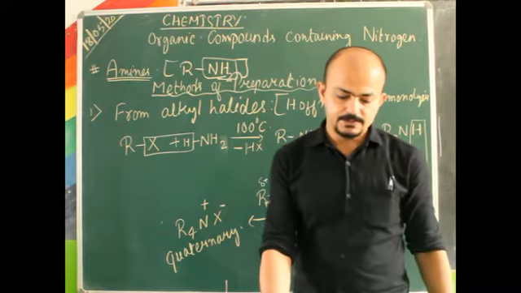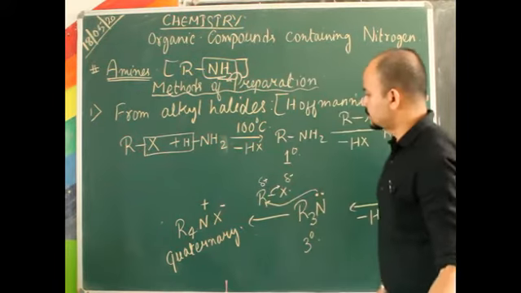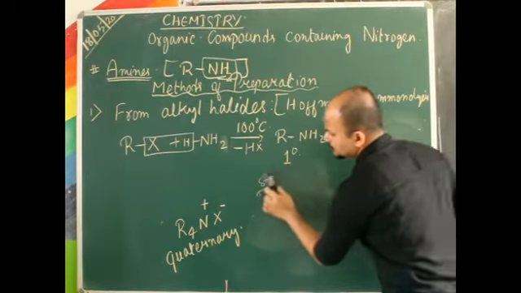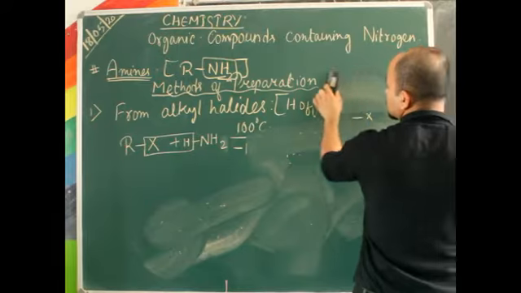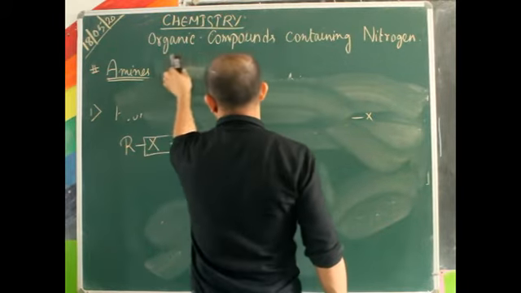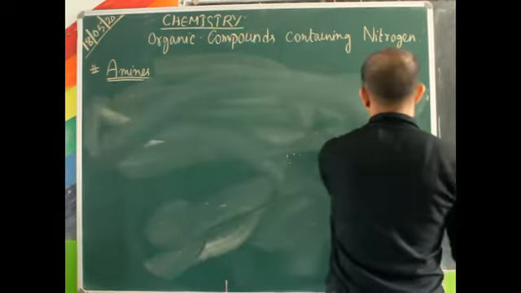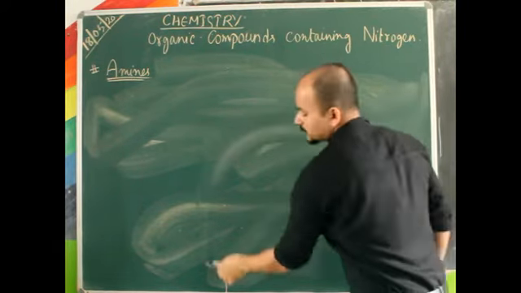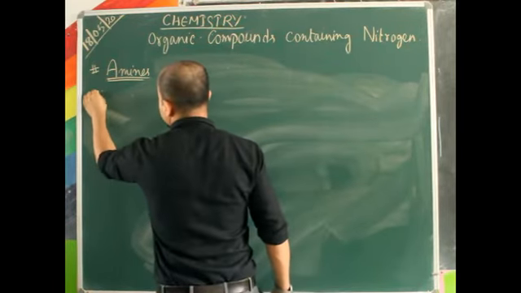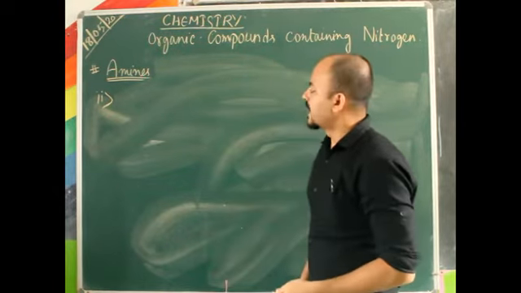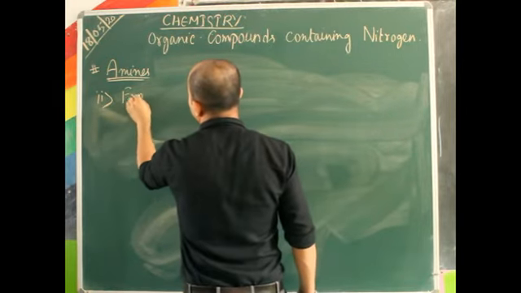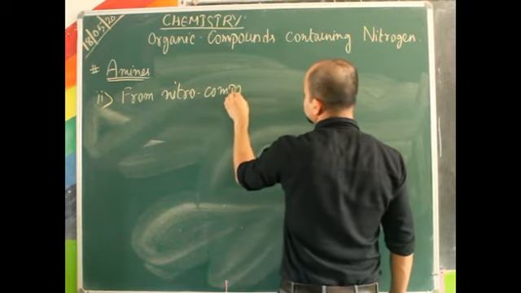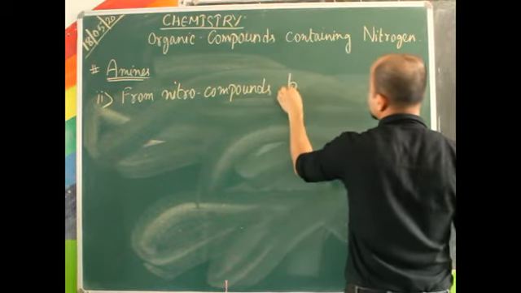Now the second method, amines can be prepared from nitro compounds. So the second method for the preparation of amines is from nitro compounds by reduction.